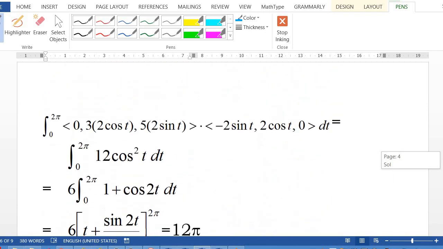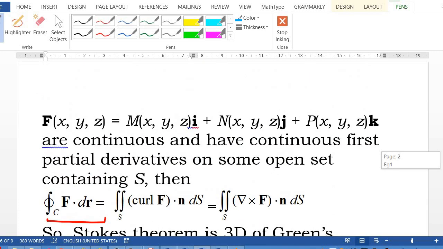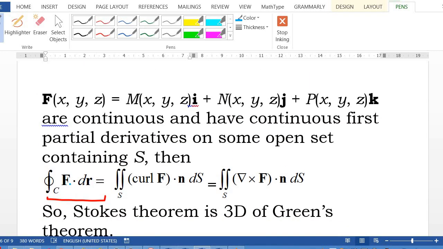Then you can actually use Stokes' theorem, which says that the line integral of F dot dr along the curve C, if the curve C is closed and anticlockwise, is equal to the flux integral of curl F dot n dS. Normally the flux integral is F dot n dS.